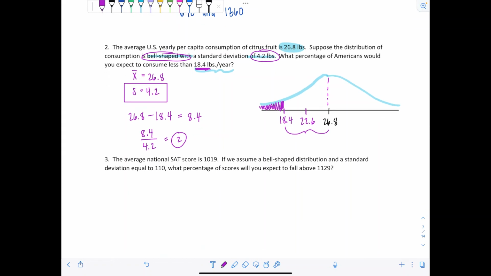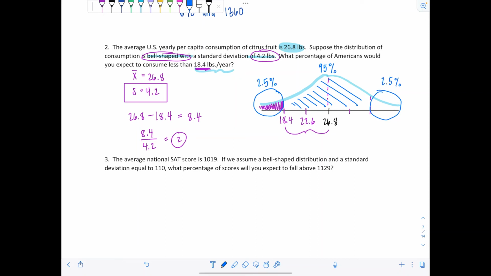So what do we know from the empirical rule about 2 standard deviations? Well, it means 95% of the data is in here. And so we have 5% split amongst the remaining values. So there's going to be 2.5% in each of these tails.